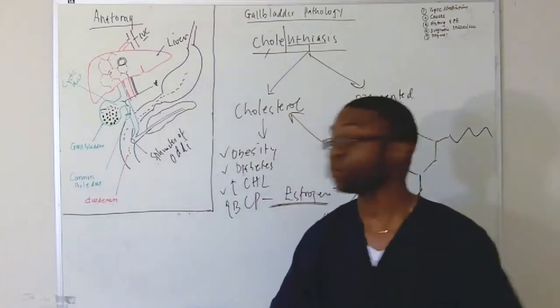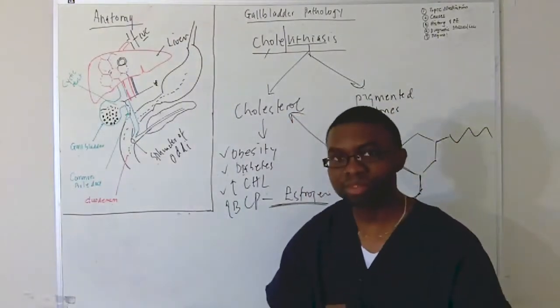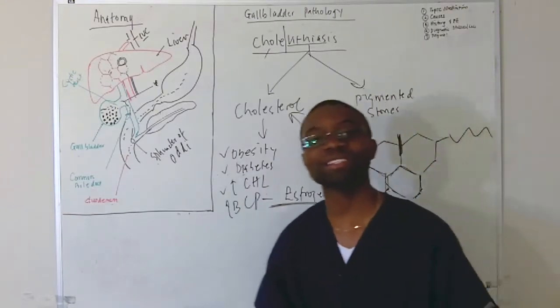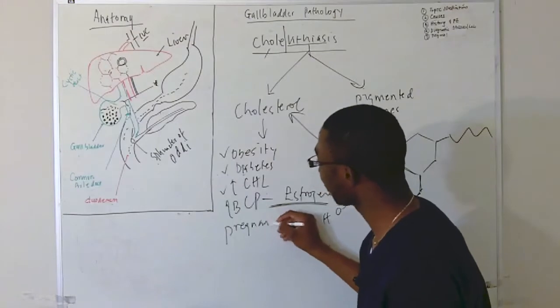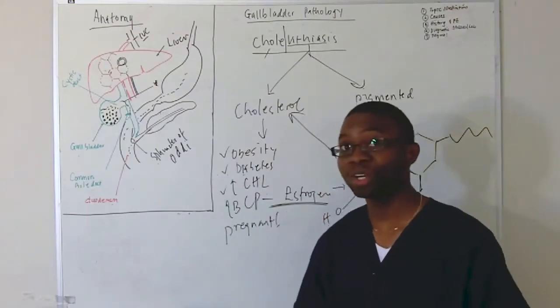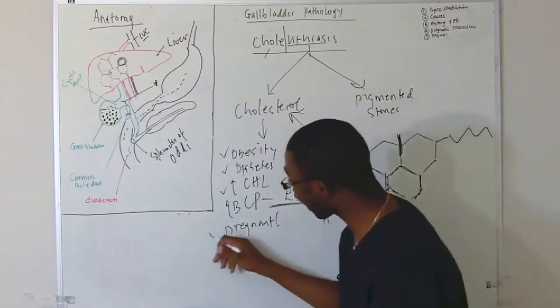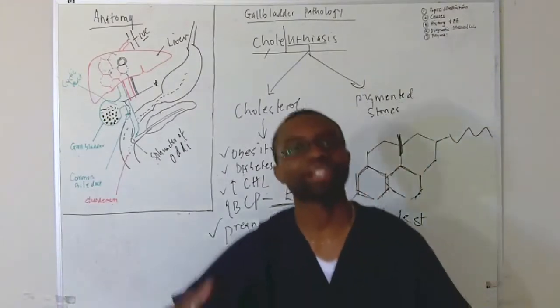How about something else? Well, they're trying not to get pregnant, but they get pregnant. Oops. Next time, make sure you use protection, right? But since they forgot, they became pregnant. Not cool when you get pregnant, but cool if you're ready. Now, if you get pregnant, that's another risk factor. If you're pregnant, you have a lot of estrogen.